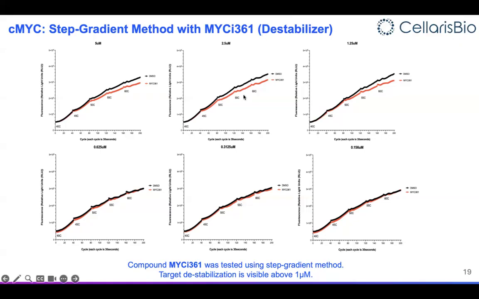With further increase in the amount of the MycI361 to 2.5 micromolar, you don't get further decrease in signal, suggesting that you've saturated the binding with Myc. So this data demonstrates that the step gradient with Myc, an intrinsically disordered protein, can be used to assess binding of a ligand to this particular target.